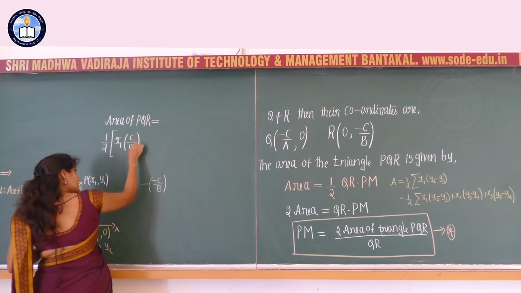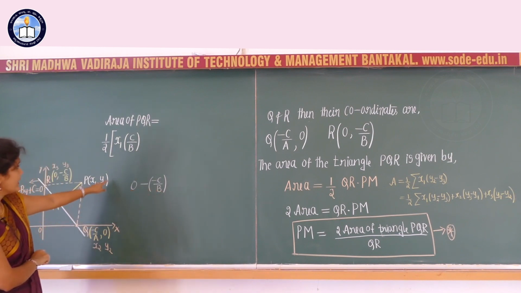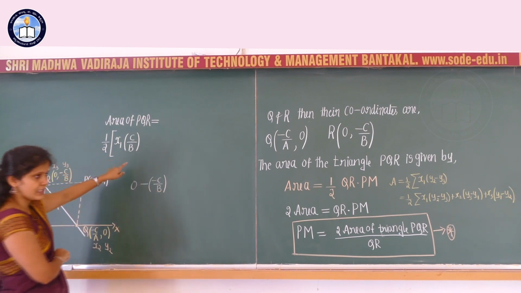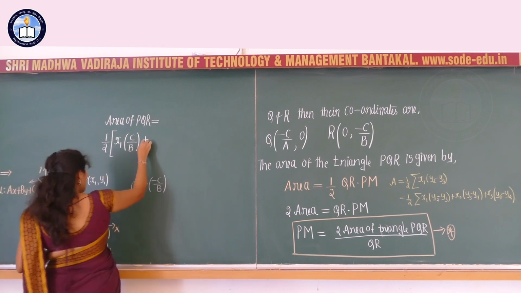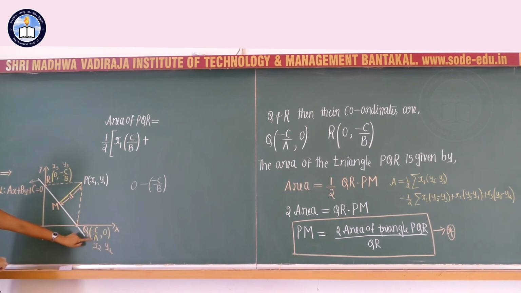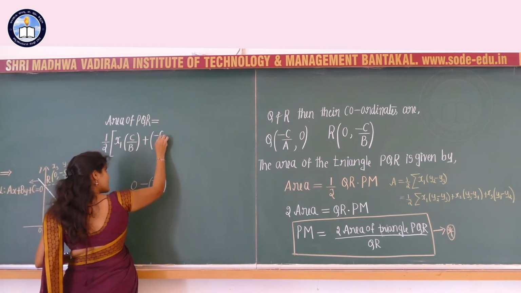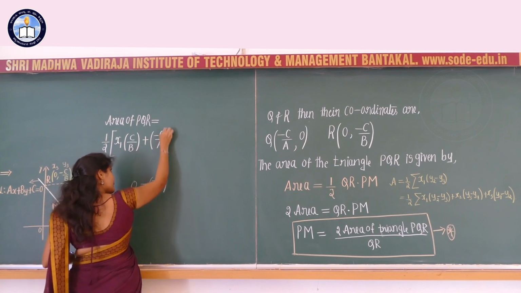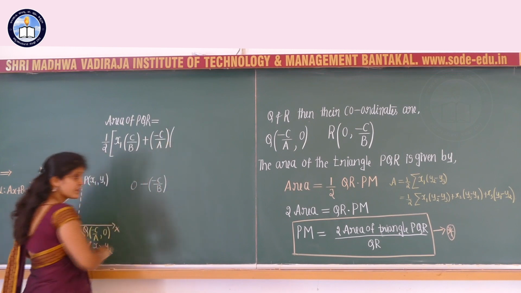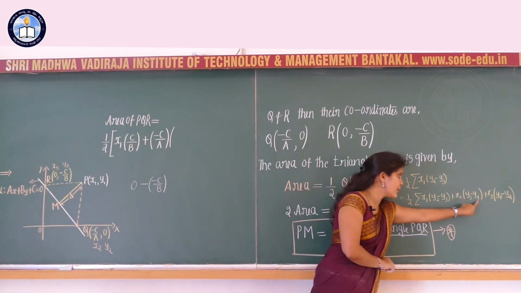I will write here, substituting in that area of the triangle formula, x1 into y2 minus y3 plus x2 into, what is meant by x2? x2 is equal to minus c by a. Since we are having minus, I will write this within the bracket, minus c by a into second term is y3 minus y1.